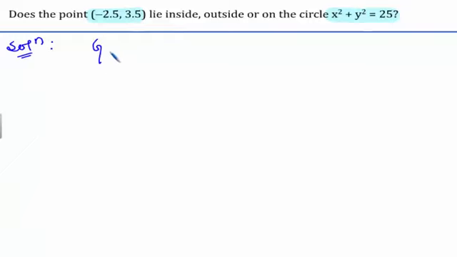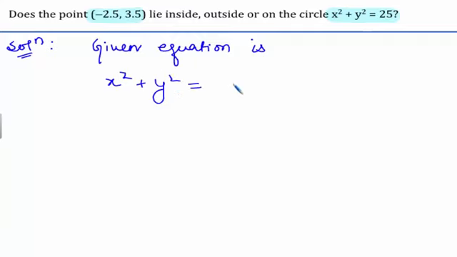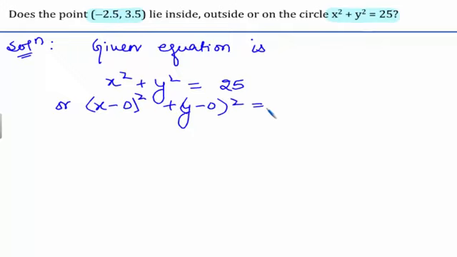Now, the given equation is x square plus y square is equal to 25, or this can be written as (x minus 0) whole square plus (y minus 0) whole square is equal to 5 square.